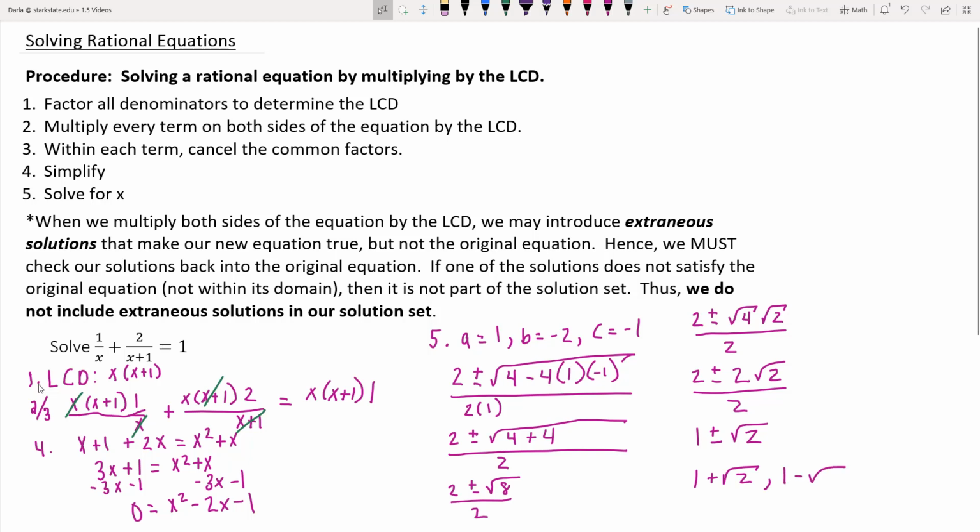And if we go to do our last step, which is check these, when we look back at our denominators, neither of these answers would make our denominator 0, so we don't have to worry about that. And so at the end of the day, we will see that these both check out, so these are both our solutions. So 1 plus square root of 2 and 1 minus square root of 2.